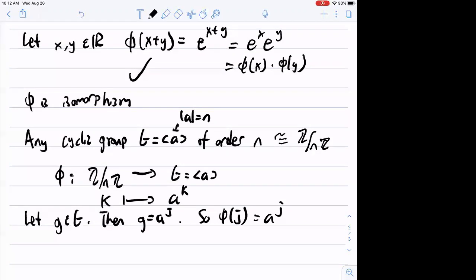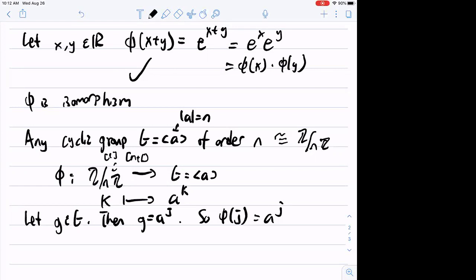You'll have to check well-defined by yourself. What I mean by well-defined is that the class of 1 and the class of n plus 1 are the same, so you need to check that they map to the same thing. It shouldn't depend on what representative you choose.